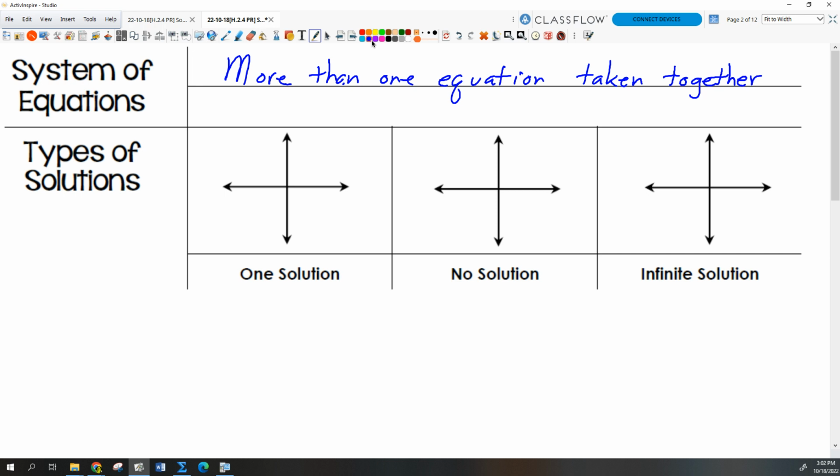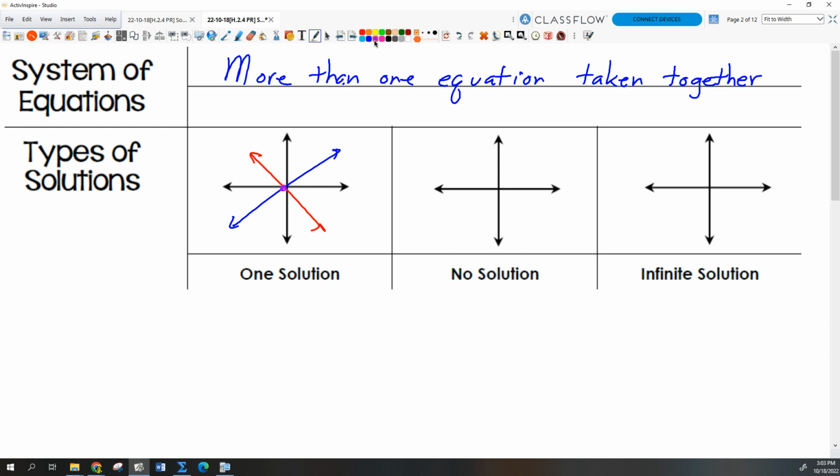Well, how could we get a system of linear equations that has one solution? Well, we just looked at that, didn't we? If we have a blue line and a red line, I get a single solution if the lines intersect. And there's my one solution, right?